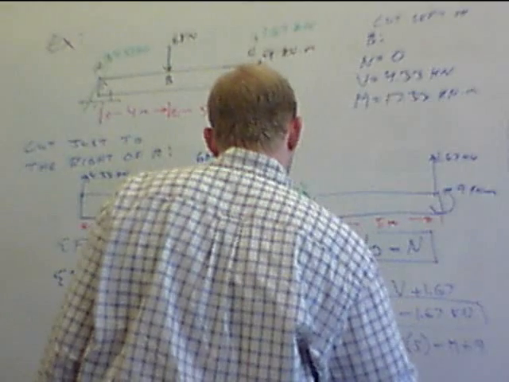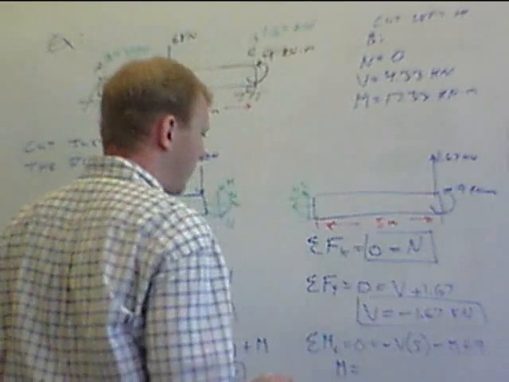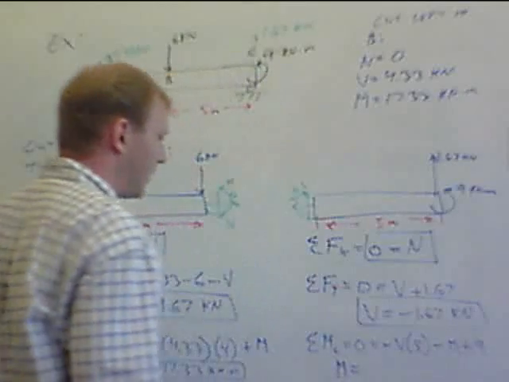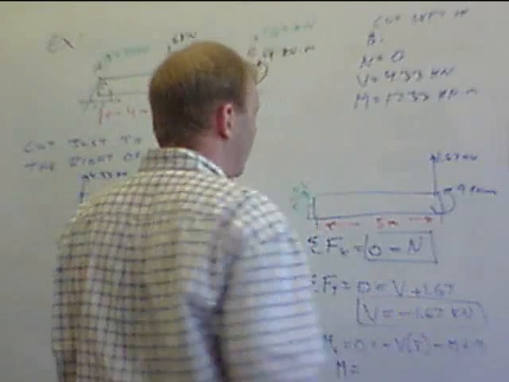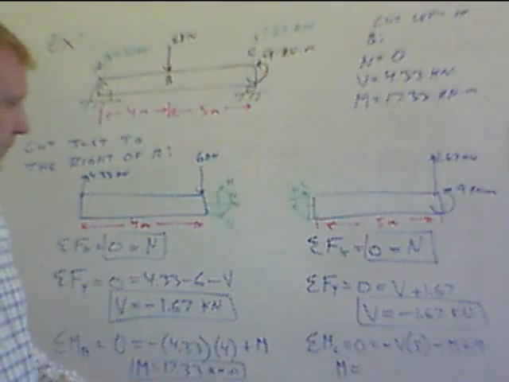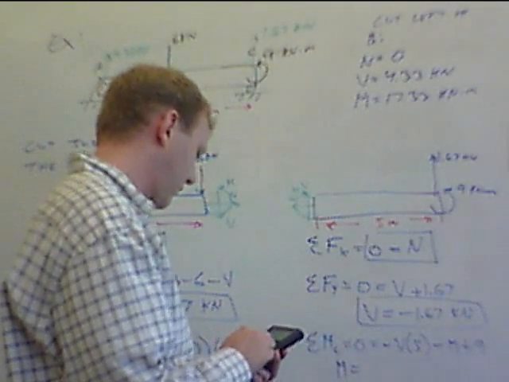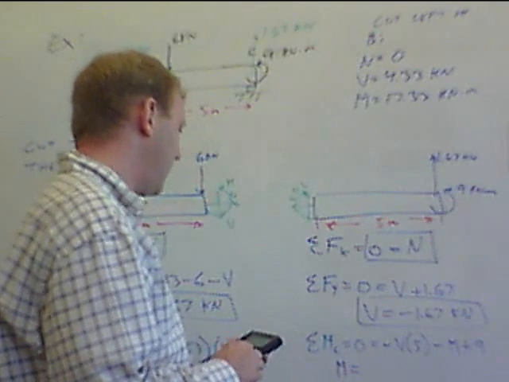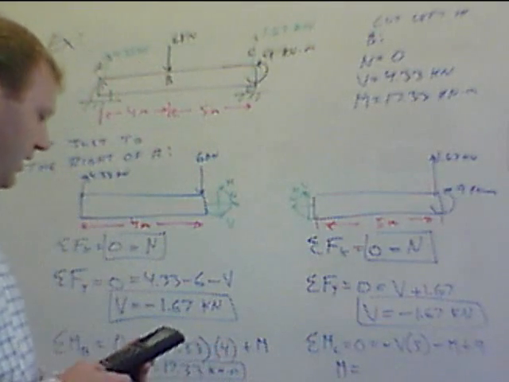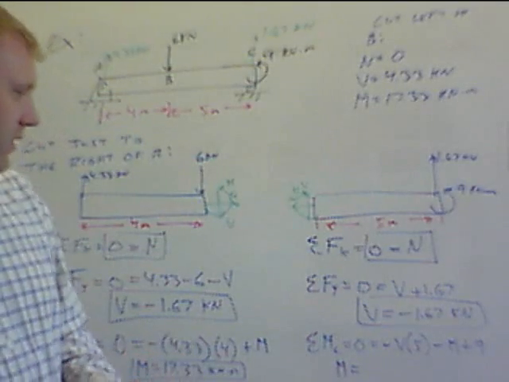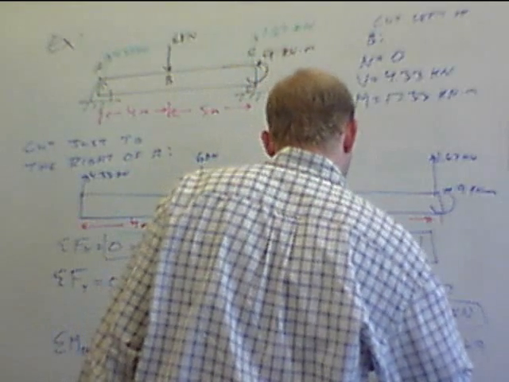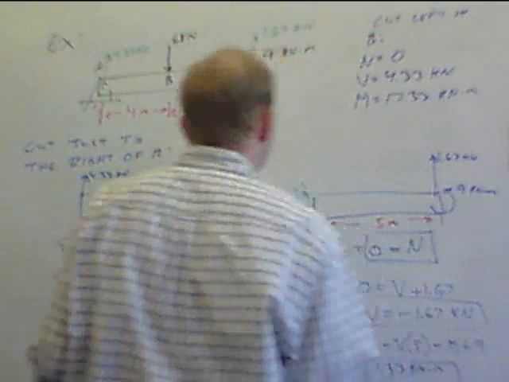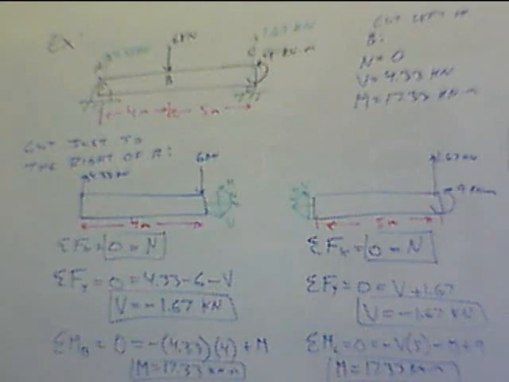This gives you that M, our internal moment, should end up equaling 17.33 again. 1.67 times 5 is 8.33, plus 9 is 17.33. So we get the same thing. It doesn't matter which side of the diagram you choose, you're going to get the same answer regardless.